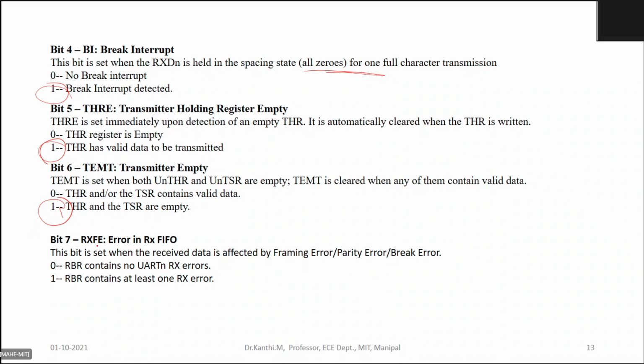Then bit 7, error in your receiver FIFO. Okay, the receive buffer register contains some error when the received data is affected by a framing error, parity error, break error, everything. It's a consolidated flag, so it will be set.